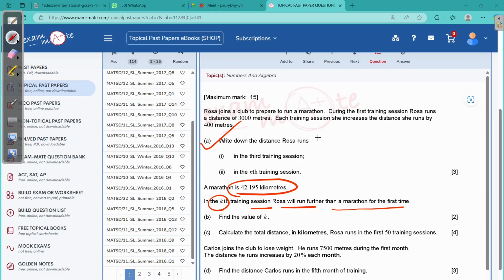It means its sequence is going 3,000 meters, then 3,400, and like this. You convert that to meters, then set it equal to the arithmetic formula, and solve for n, which is k. Yes, obviously. So you have to find in which term its value will be greater than 42.195 kilometers.